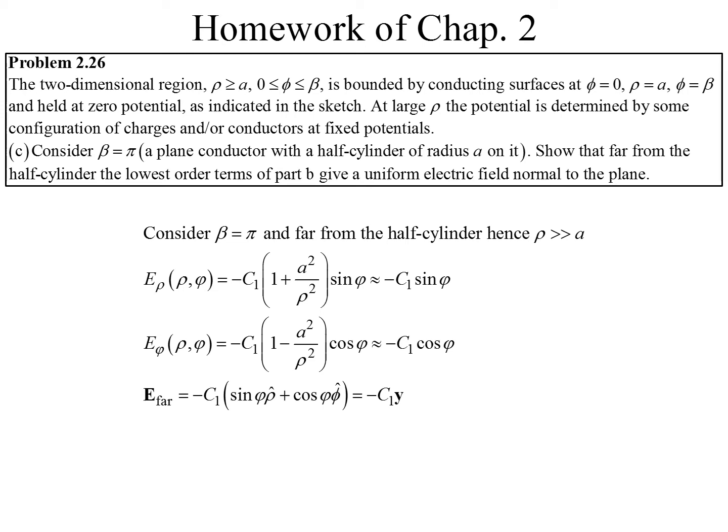And in part C, consider beta equals pi. Show that far from the half cylinder, the lowest order terms of part B give a uniform electric field normal to the plane. Now we consider beta equals pi and far from the half cylinder. Hence, rho is much larger than r.